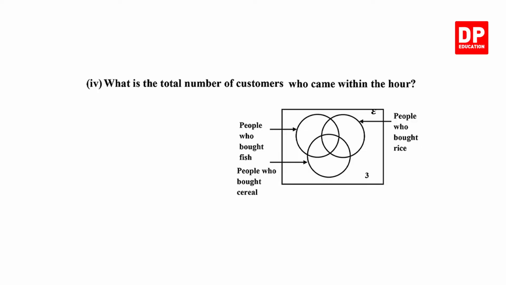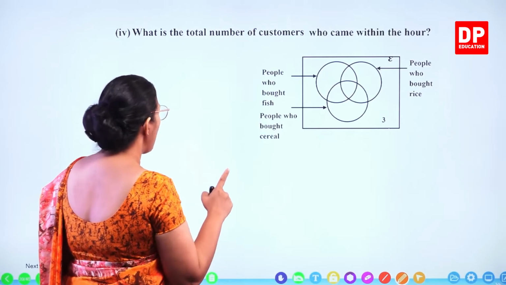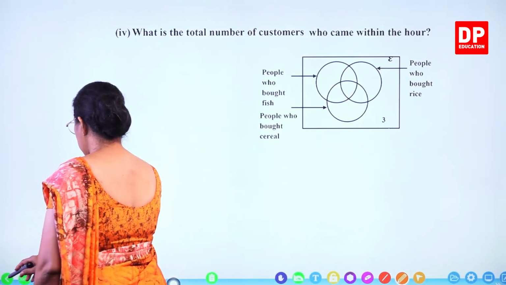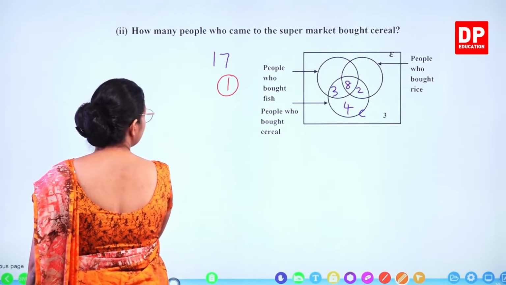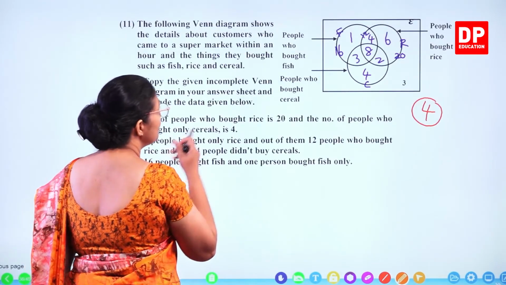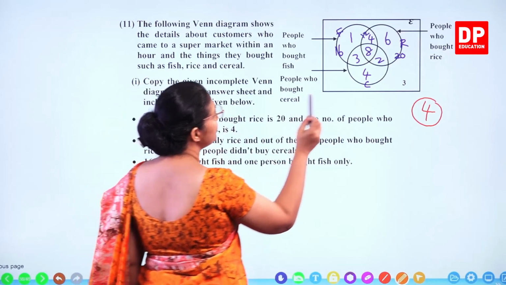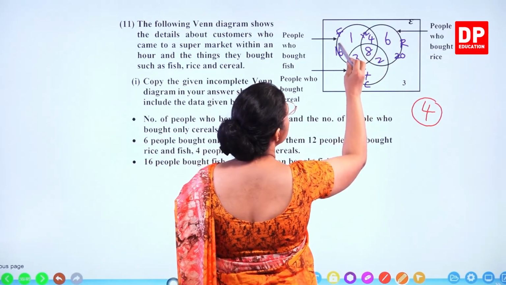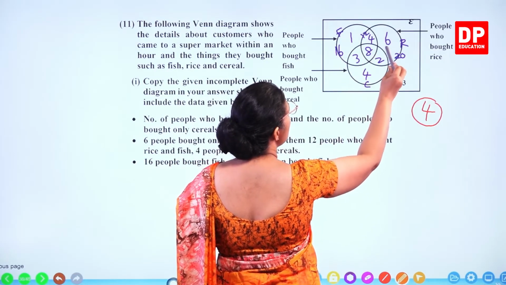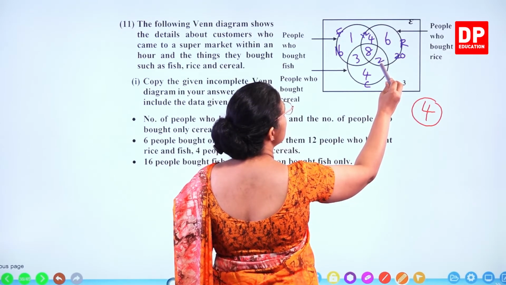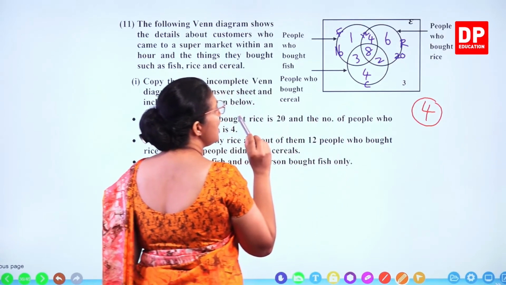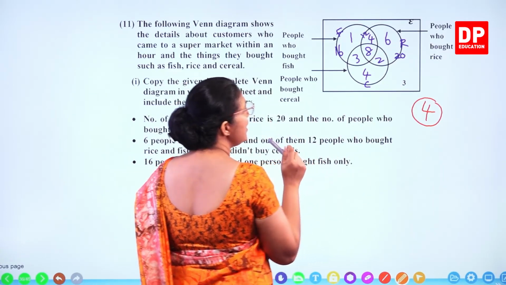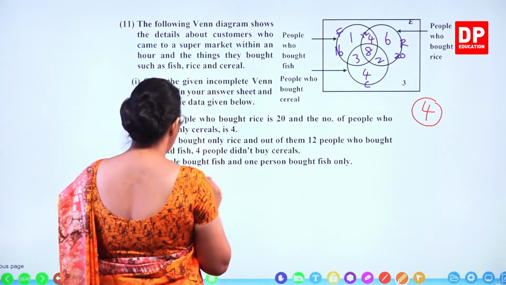And the next one, what is the total number of customers who came within the hour? So you have to add everything. So let's use the previous diagram. We'll count everything together. So 16. 16 plus 2, 18. 18 and 10, 28. 28 plus 3, 31.